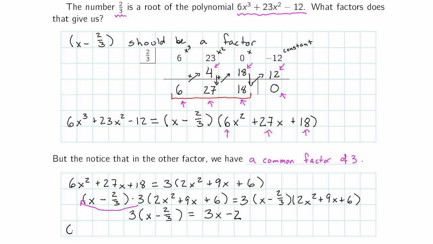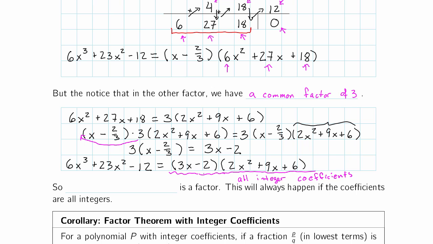Our original polynomial could be factored as 3x minus 2 times this part here, 2x squared plus 9x plus 6. And notice, this has all integer coefficients. Instead of x minus 2/3, we have the factor 3x minus 2. And that's always going to happen as long as all the coefficients in our original polynomial are integers.